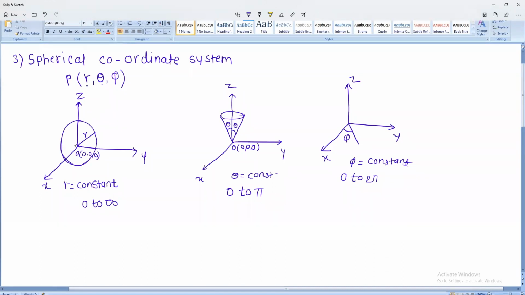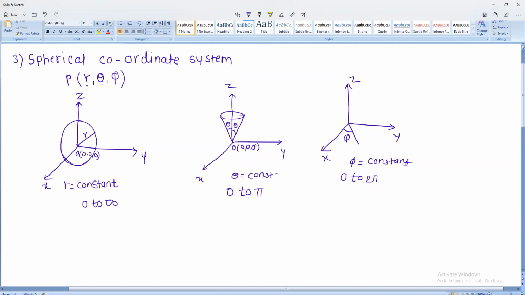Now draw one line from the origin or center towards the surface of the ball, then you will get the radius of the sphere. And this radius varies from 0 to infinity in free space. This is the first point.